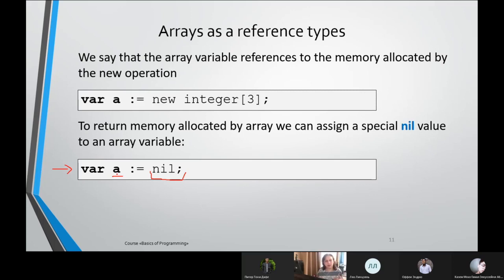We must free it up, or so to say, return the allocated space to the memory. How can we do it? We can do it using this nil. Nil means that we free our memory up. So we just make it empty. What was allocated by A, we make it empty. We don't need to use it anymore for this A variable.